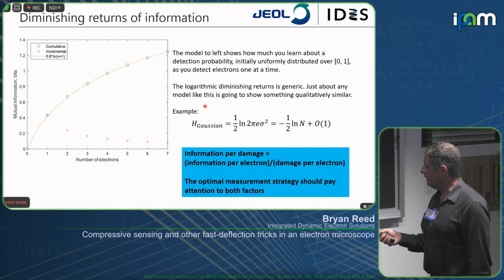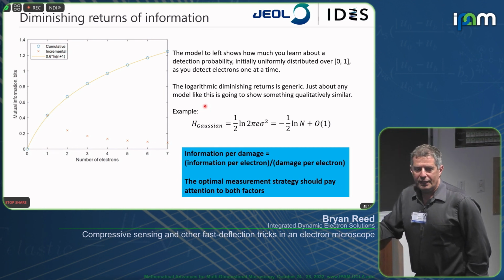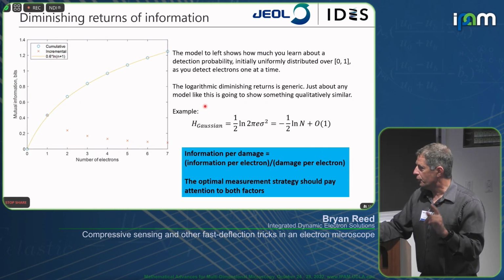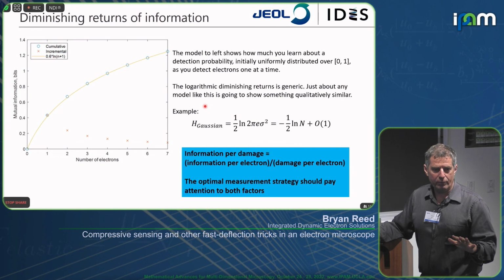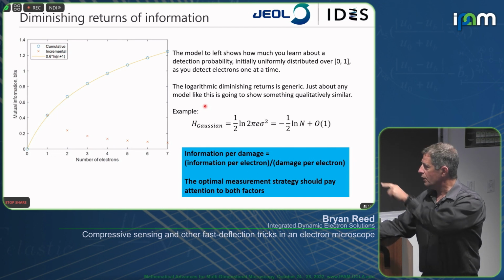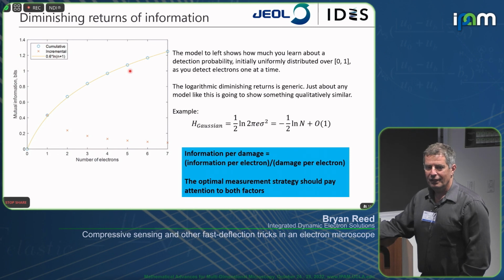But the key point is diminishing returns of information. With any of these things, if you're looking at the information return per electron, there are a lot of different mathematical models that give qualitatively the same thing. The information return per electron decreases on a sort of logarithmic curve. So it's diminishing returns.